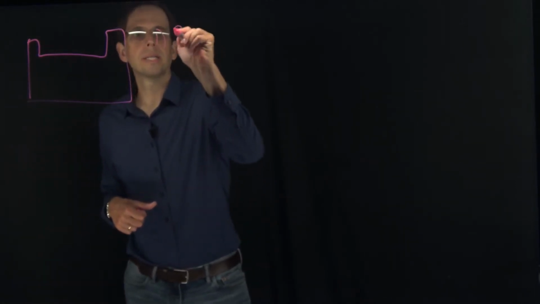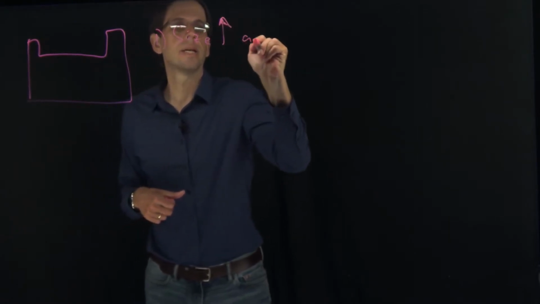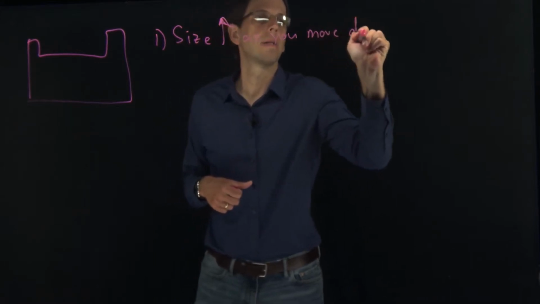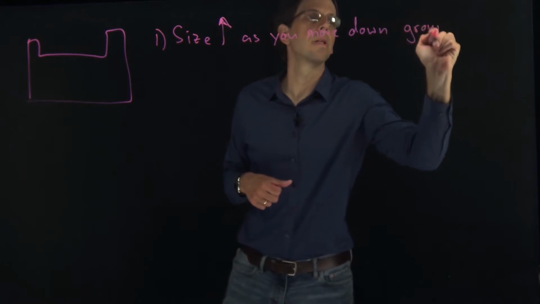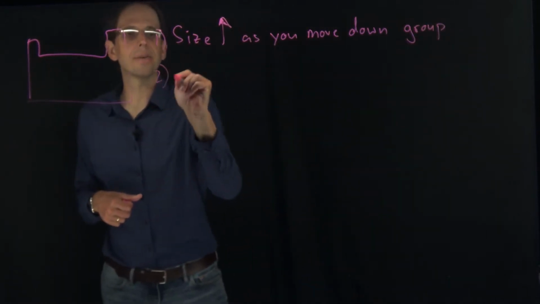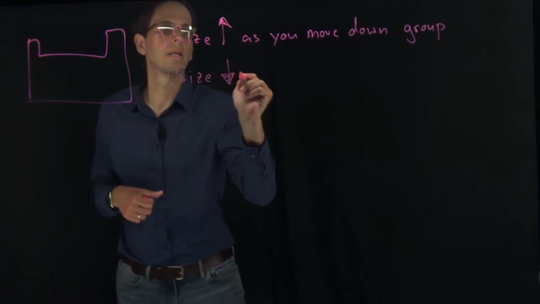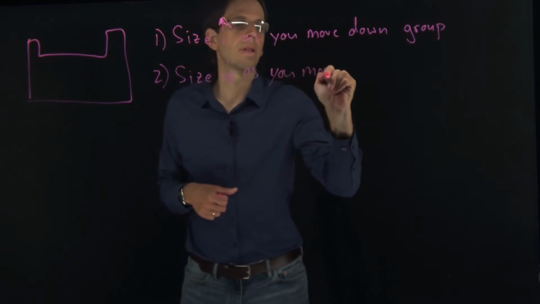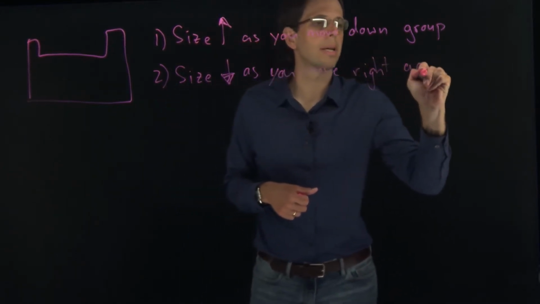One, size increases as you move down a group, and it decreases as you move right across a period.